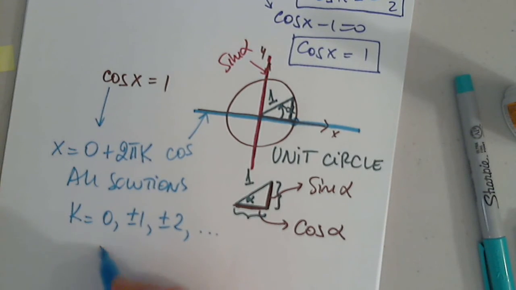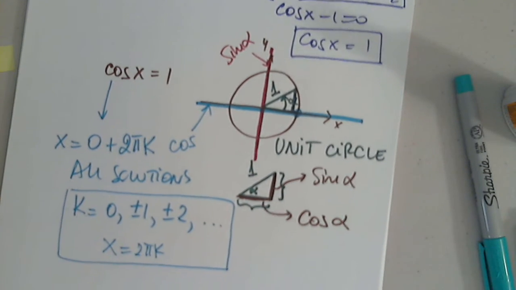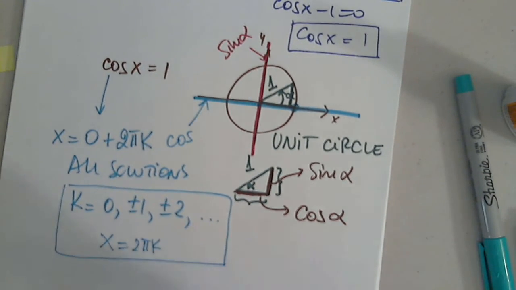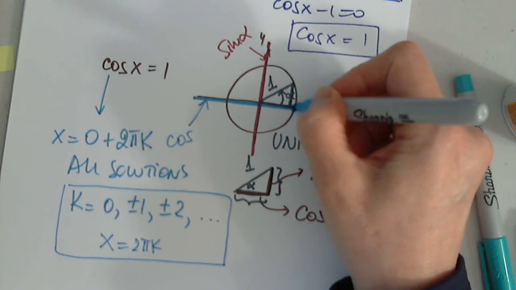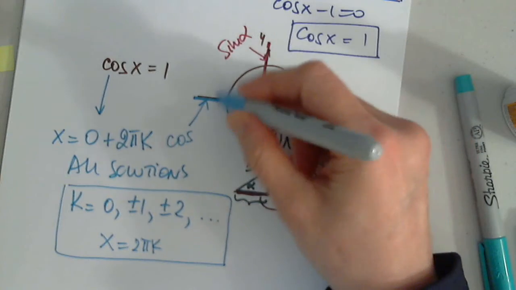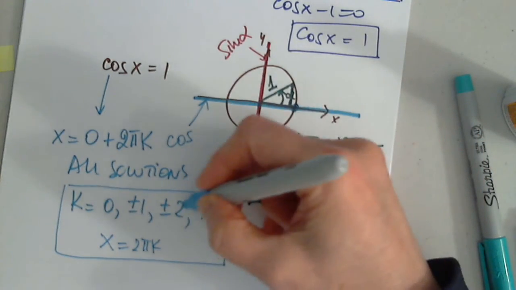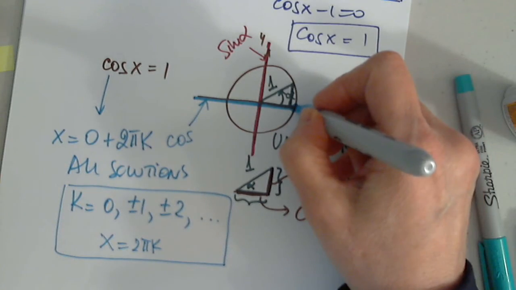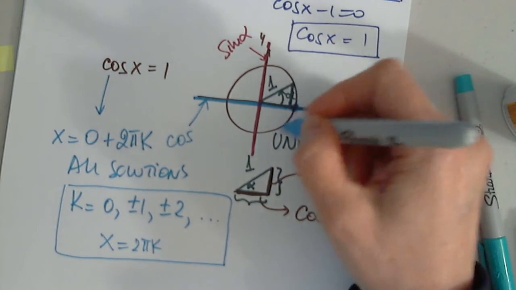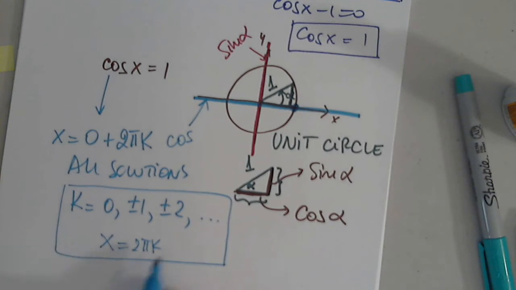No. So I have x equals 2 pi k with the explanation of what k represents. What does this mean? It means that this is 0, and if I add 2 pi, I'm still here. If I subtract 2 pi, I'm still here. If I go twice with k equals 2, I'm still here with 2 pi, and then twice this way, I'm still at 2 pi. So all these are infinitely many solutions.